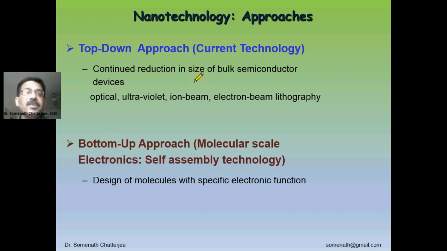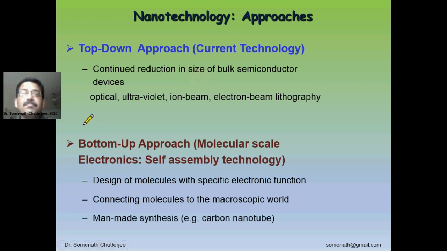So in a nutshell, if I explain the top-down approach and bottom-up approach, I can say in two ways. One is from large, we are downscaling by a synthesis process to achieve the small. That is our main goal or objective.